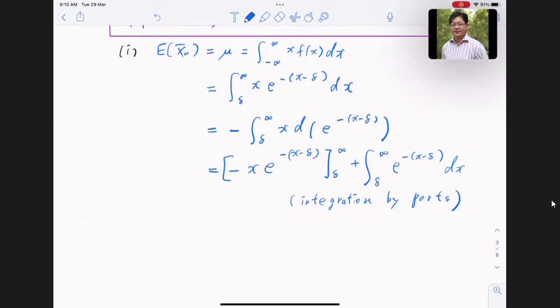We evaluate this at infinity, it will converge to 0. We evaluate it at delta, it will become minus delta. So it will become 0 minus delta. For the next term, if you substitute infinity here, it will converge to 0. Substitute delta into here, it will become 1.